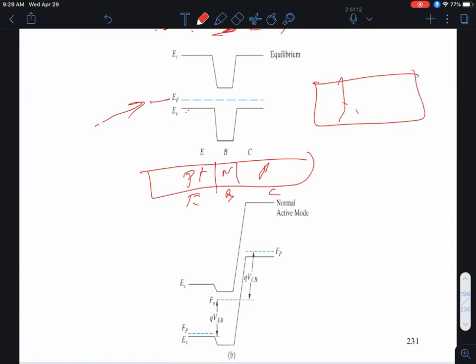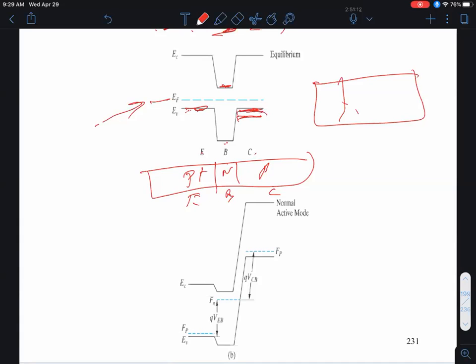So in the P-type emitter, the valence band's closer to the Fermi level. In the N-type base, it's the conduction band that will be closer, but not as close because the emitter doping is assumed to be higher than the base doping, okay? And then in the P-type collector, once again, EV is closer, okay? But in reality, EV won't be quite as close because typically the collector doping will be lower than the emitter doping.